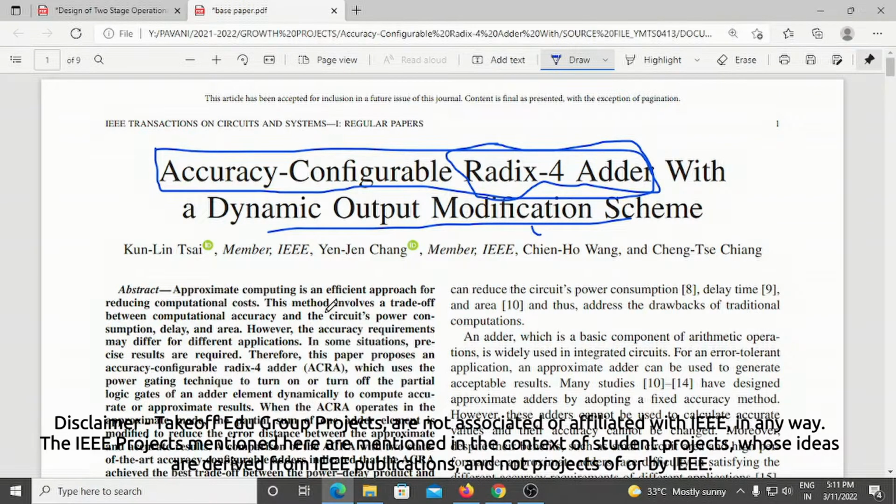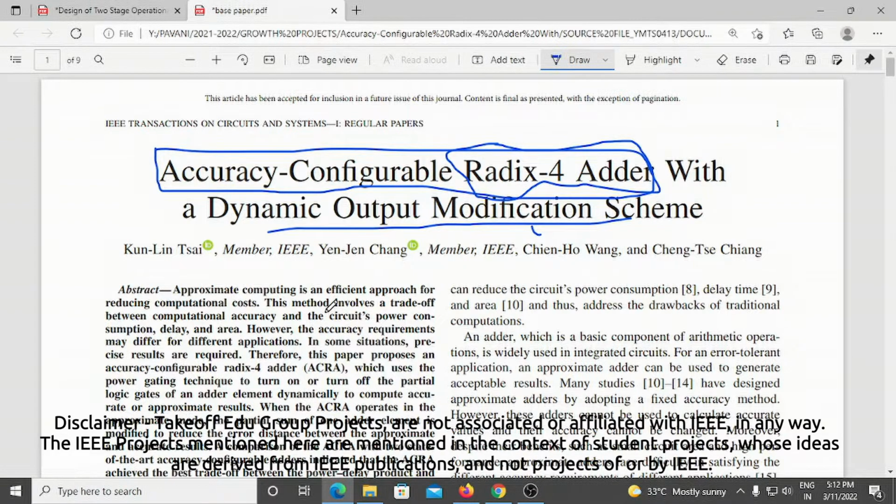What is the need for approximate calculations? For some applications such as image processing, image recognition and machine learning, which are tolerant to some amount of error, we do not need to give that much input to get complete accuracy.